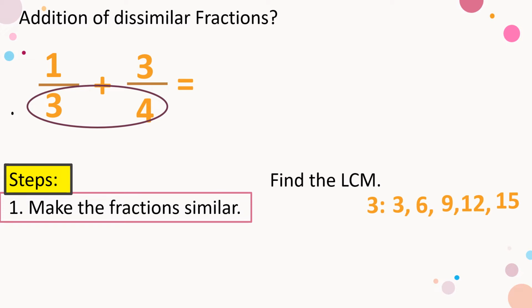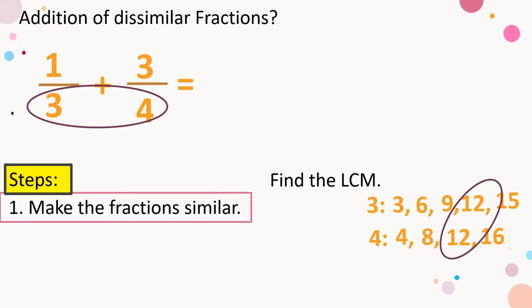Find the multiples of 4, or skip counting by 4: 4, 8, 12, 16. Now, we can stop because we already have a common multiple, and that is 12. And that is the least common multiple.